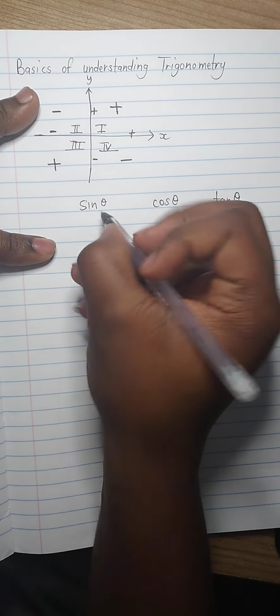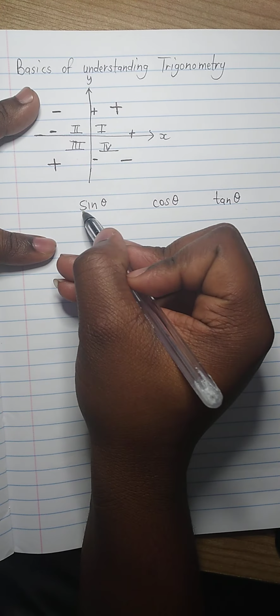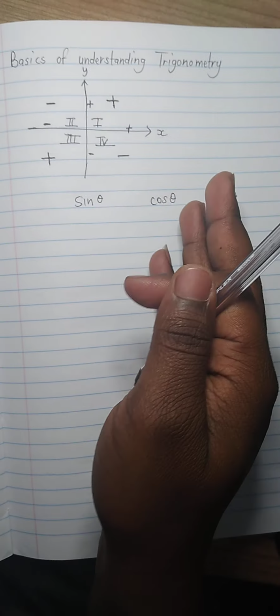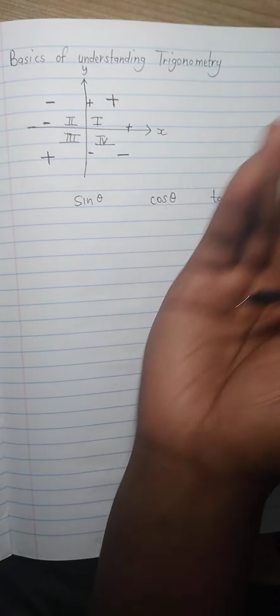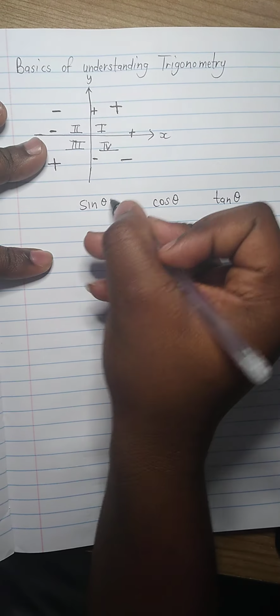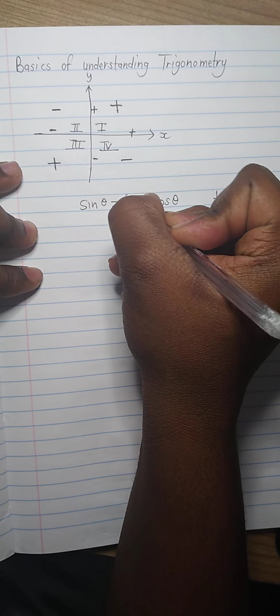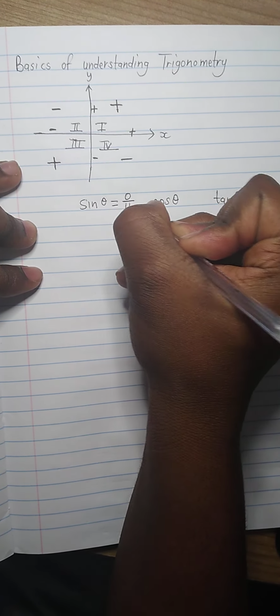The reciprocal means they just reversed it, it's the opposite of it. Sine is always equal to opposite over hypotenuse.